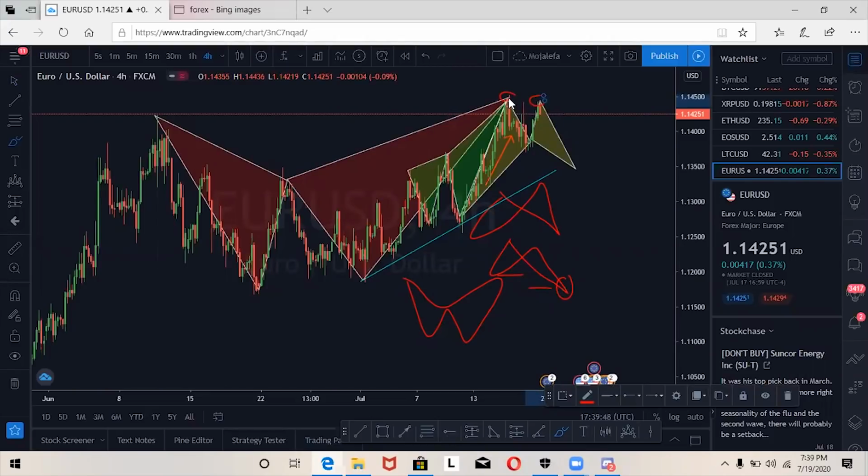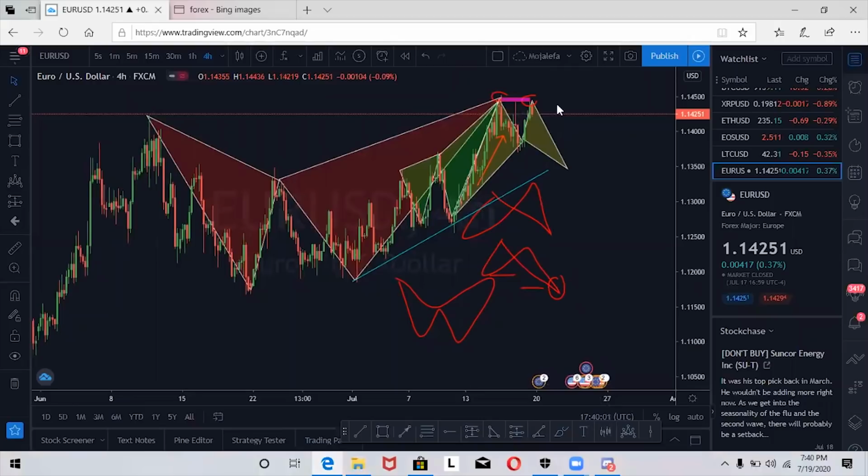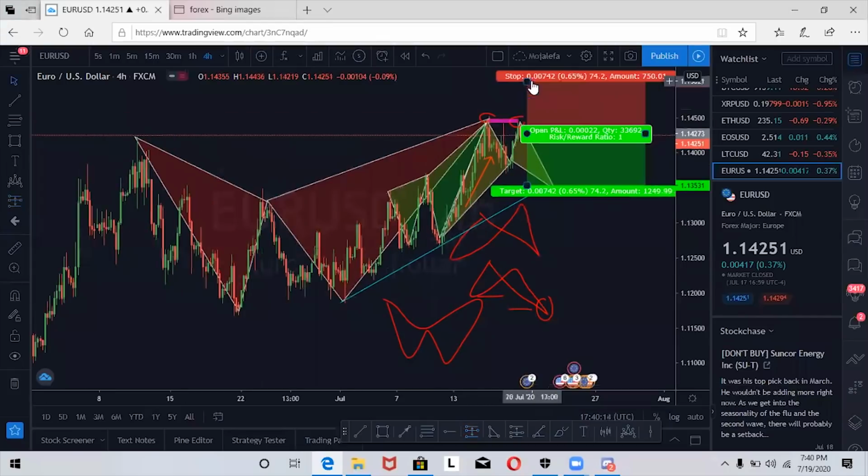remember this can be more like the previous high. So if we are to sell on this pattern, we can put our short position somewhere here. Oh, I didn't click it. A short position somewhere here on this movement. Then remember, always put your stop loss outside the trend.